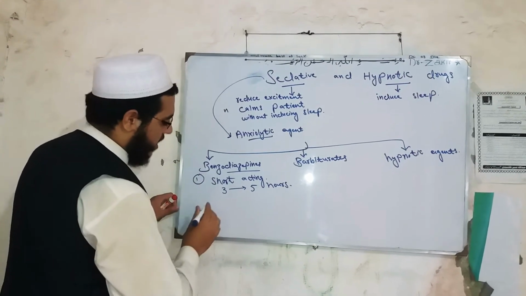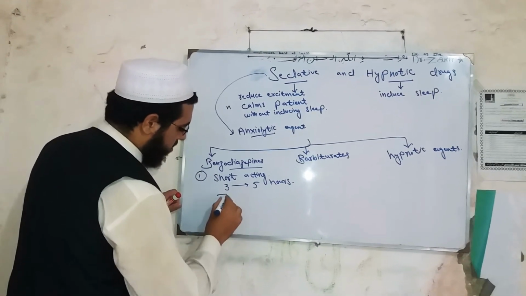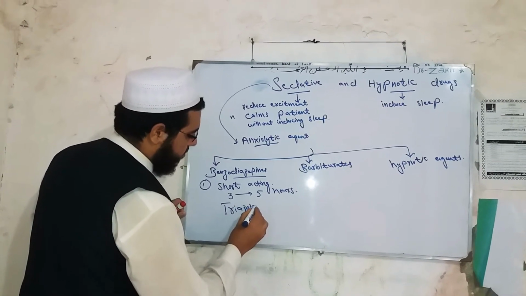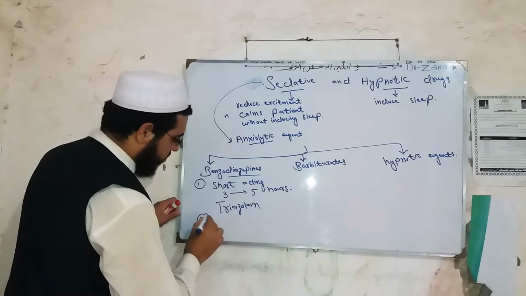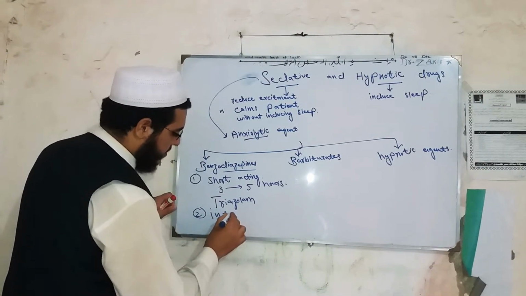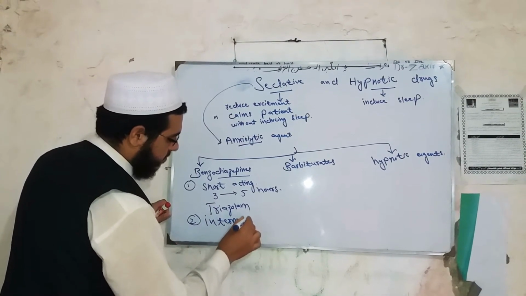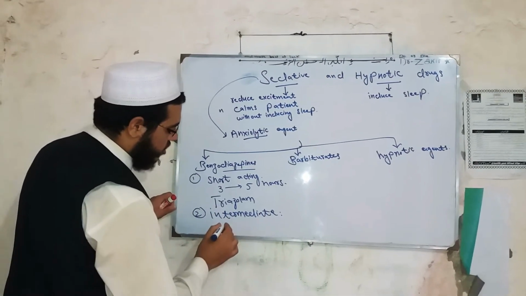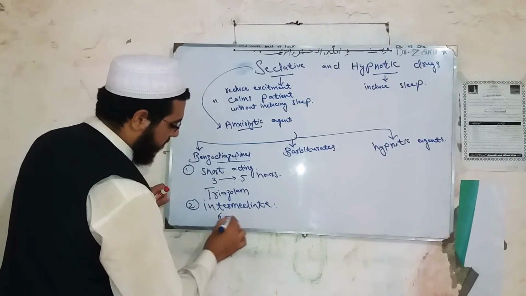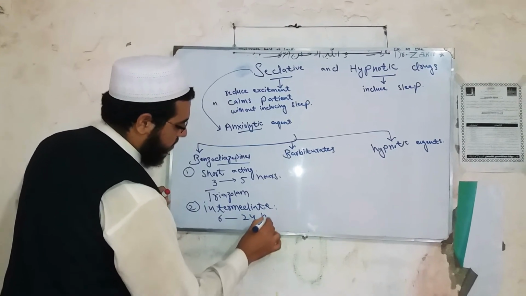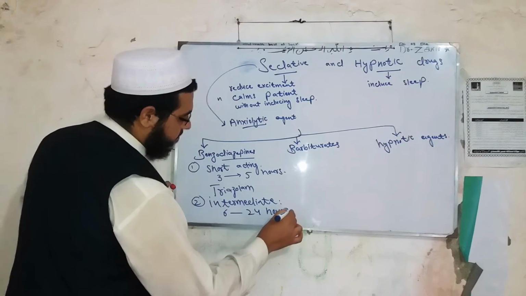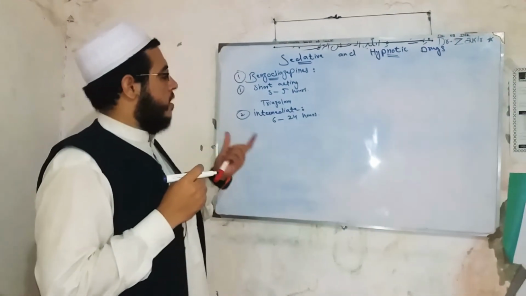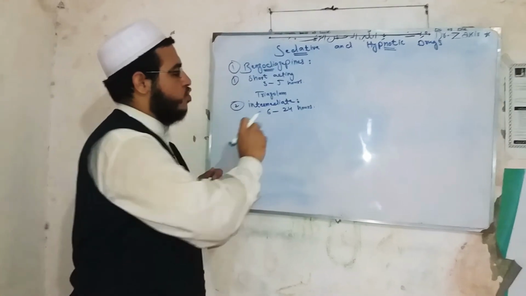The drug included here is triazolam. And number two, intermediate. Their duration of action is from 6 to 24 hours.